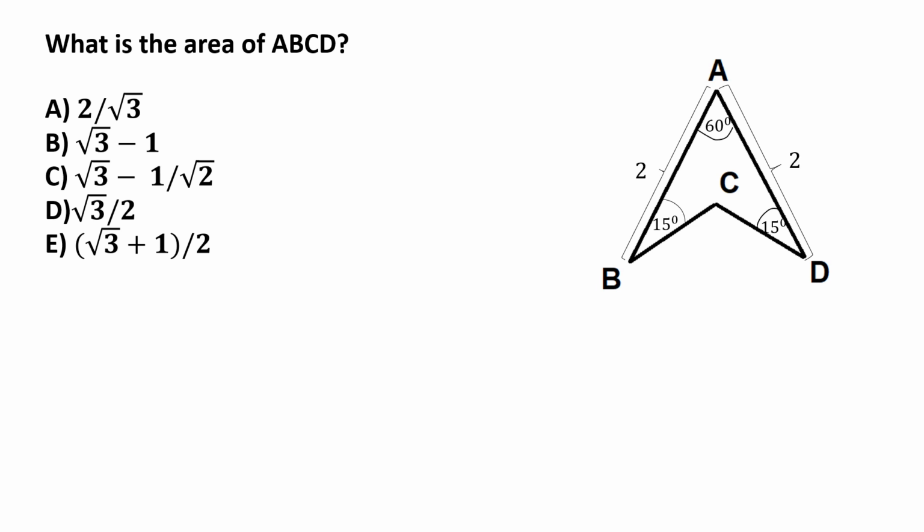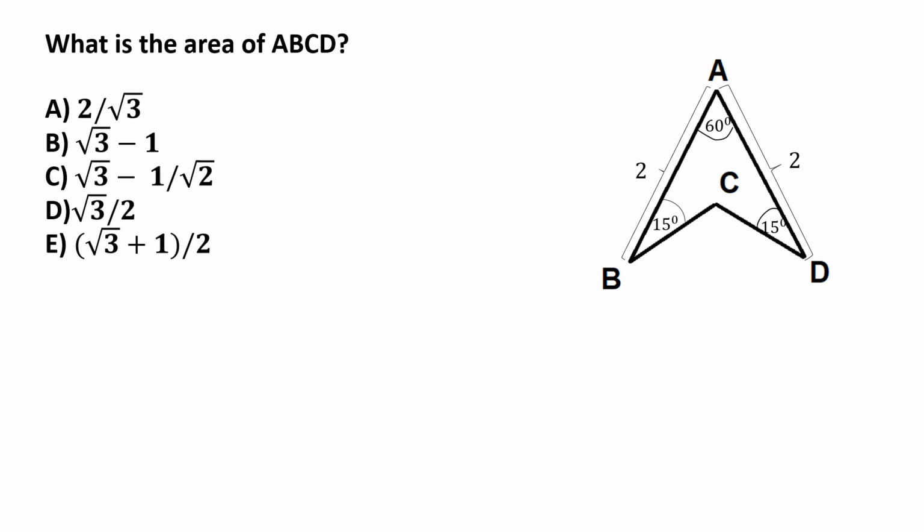We are given a figure ABCD, and by the look of it, it is a quadrilateral, but this is not the regular quadrilateral shape that we are most commonly used to. This shape, an arrow shape, is called a concave quadrilateral.